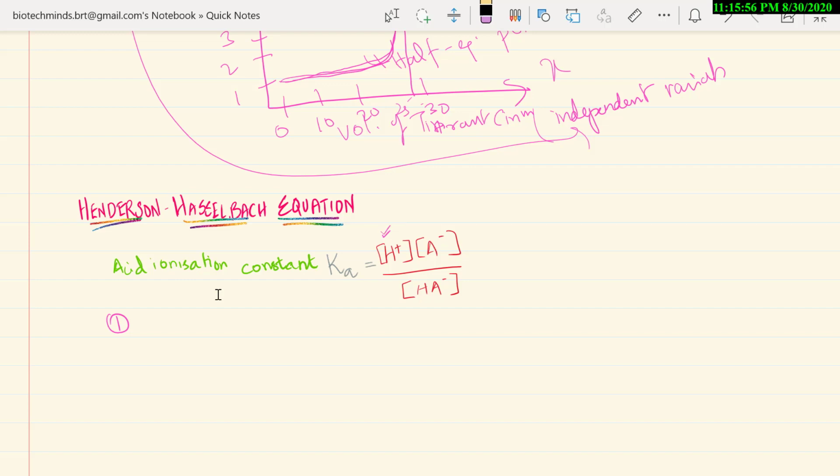What is the first step? Rearrange the Ka equation to solve for the concentration of protons.